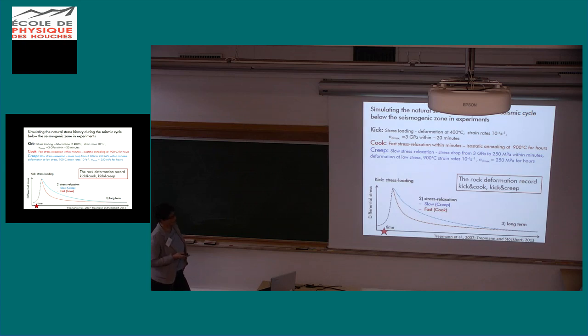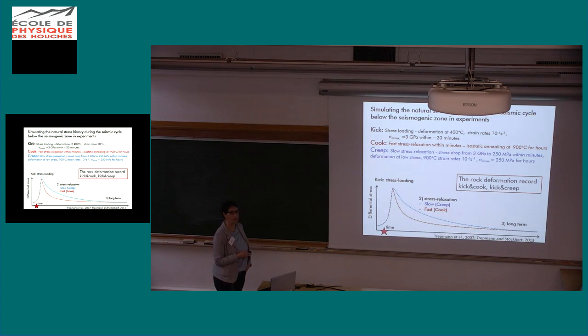What we did is high-stress experiments, which we call kick experiments, where we were able to do the experiments at more or less in situ conditions. So when we compare that to the natural record, we don't really need to extrapolate. We can do the experiments at nearly natural conditions: 400 degrees Celsius and high strain rates.